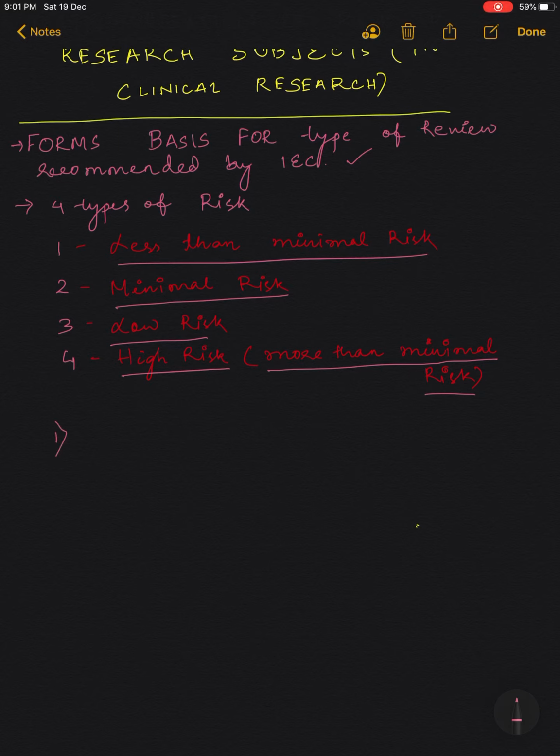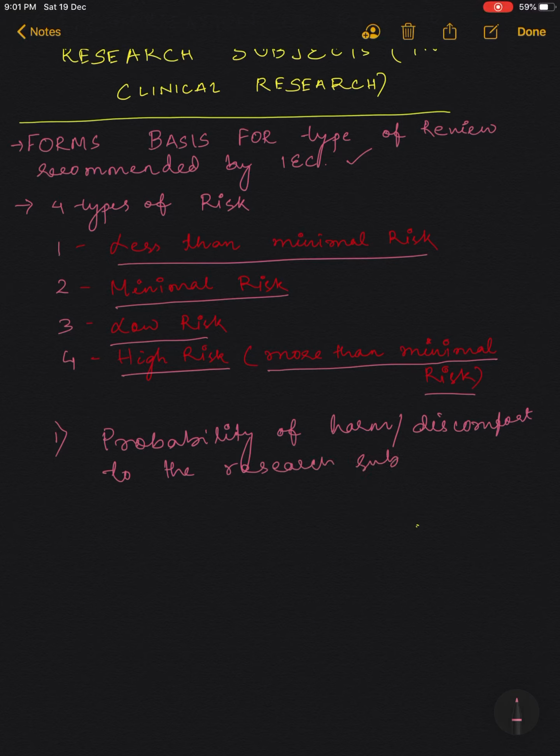In this, the probability of harm or discomfort to the subjects in the research is either nil or not expected.